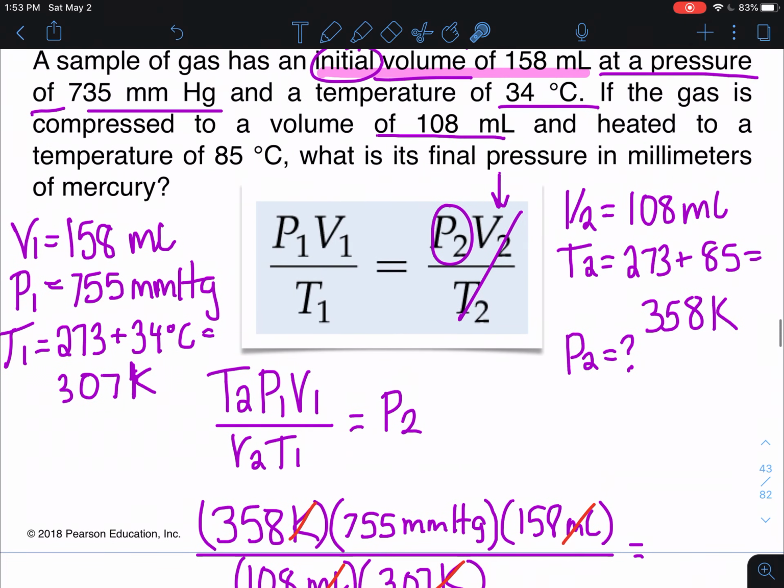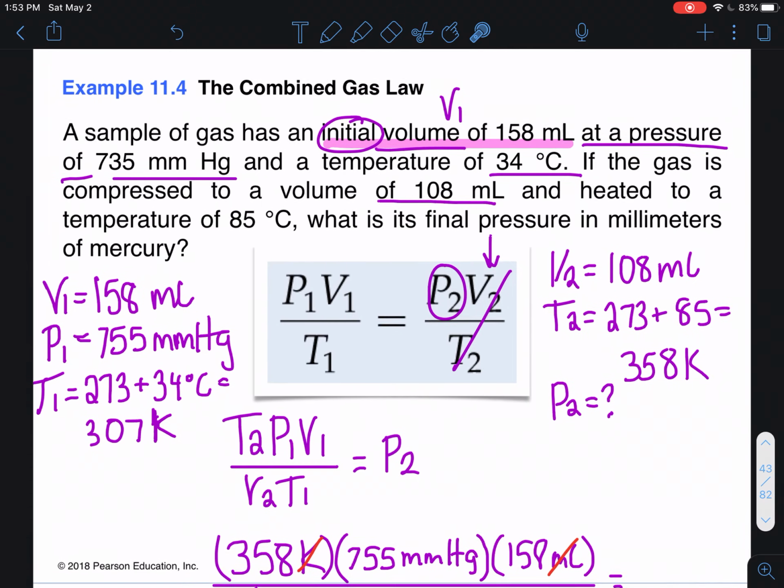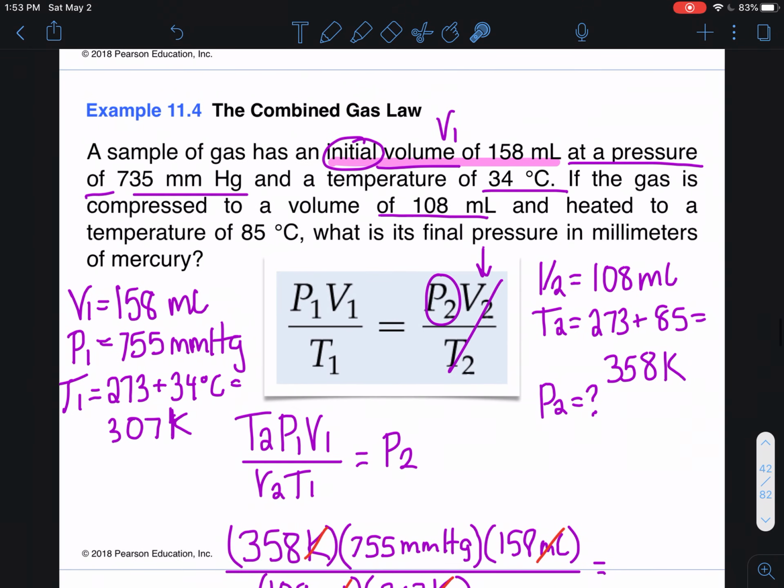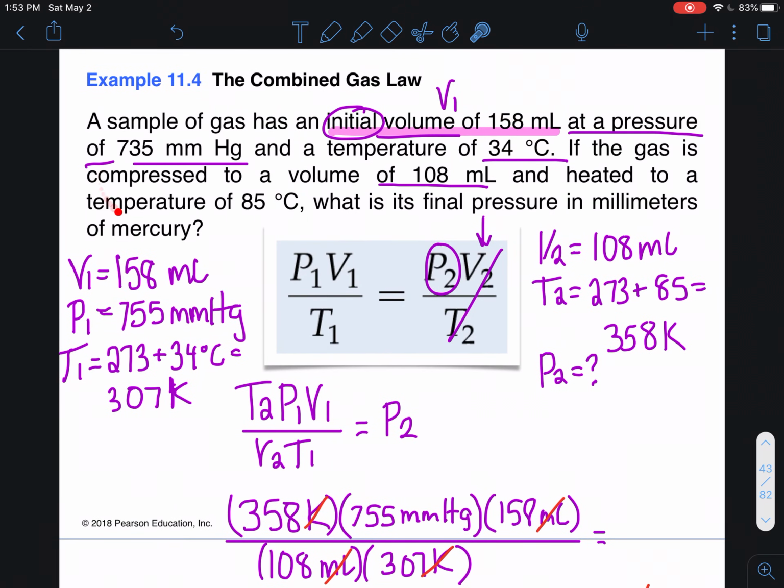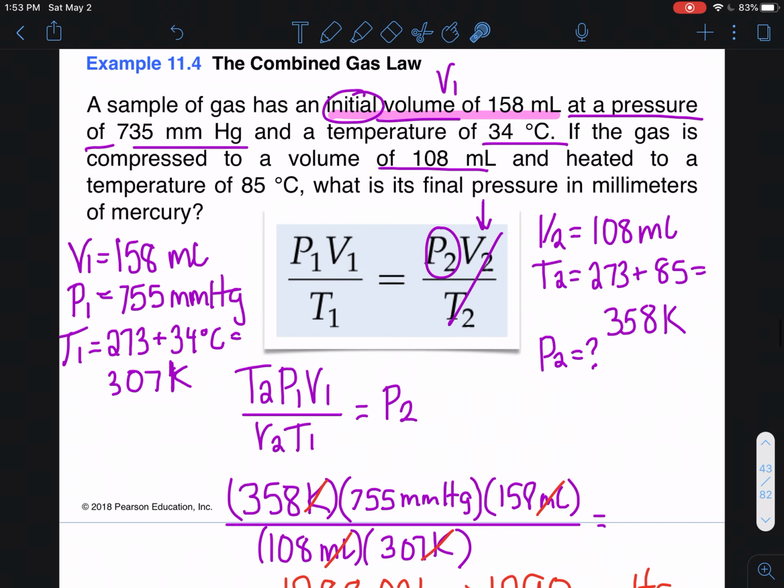So again, when we do these types of problems, it's the same type of process, right? Read the word problem, then I would assign the variables, then I would rearrange the equation to solve for the variable that we're trying to solve for. Okay, just like I did here. Then you want to plug in your numbers. You want to make sure that each type of unit is the same.